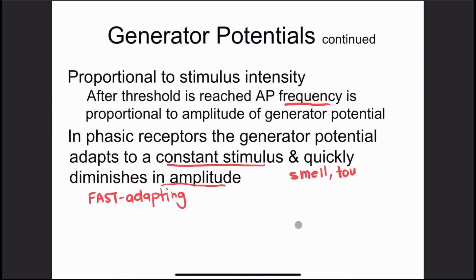Touch is another example. So think about maybe your butt sitting on your seat, right? That is a good example of your phasic receptors within the skin of your bottom adapting to the stimulus of the pressure on the seat.